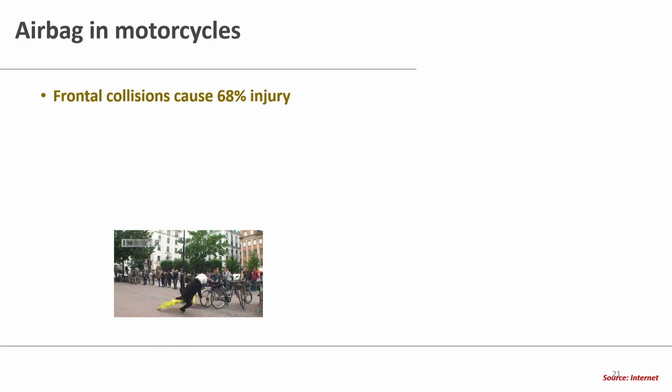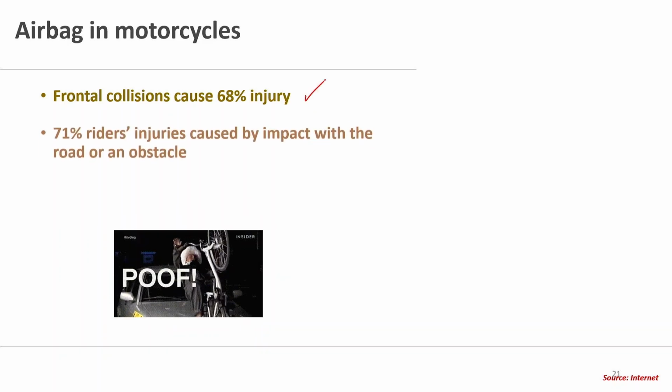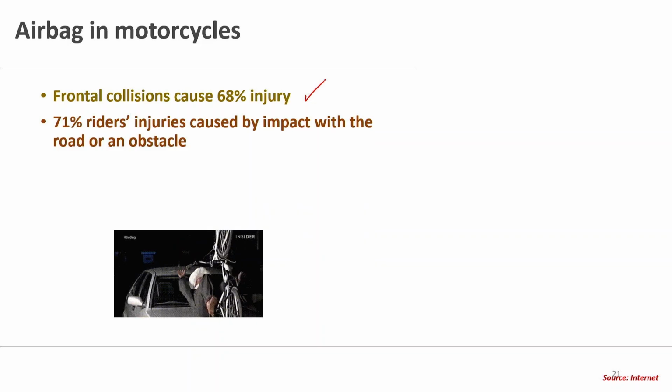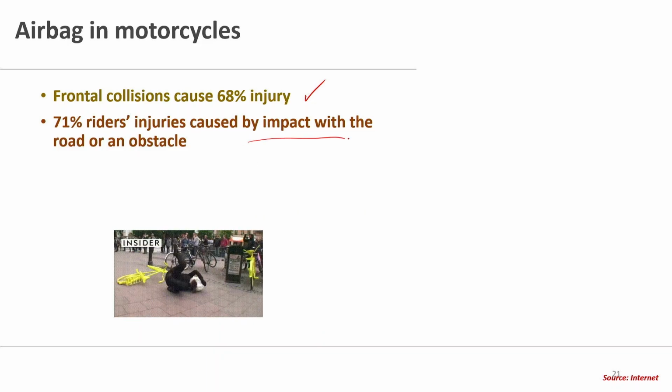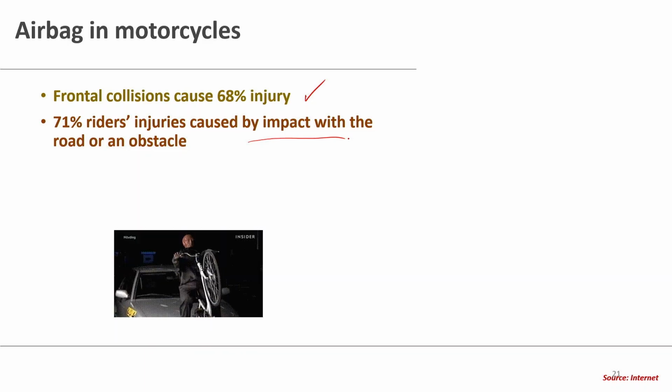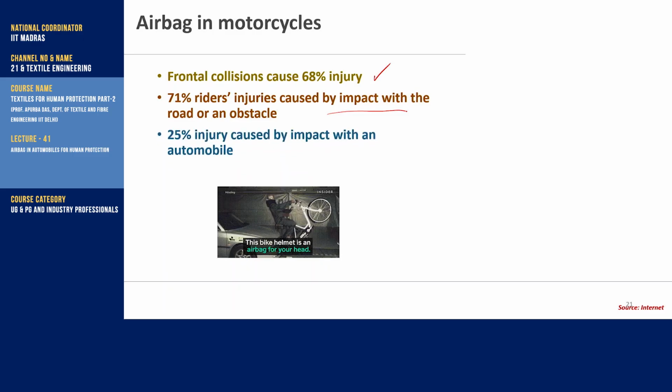The frontal collision causes 68% of injuries, 71% of riders' injuries are caused by impact with the road and different obstacles, and 25% are caused by impact with automobiles.